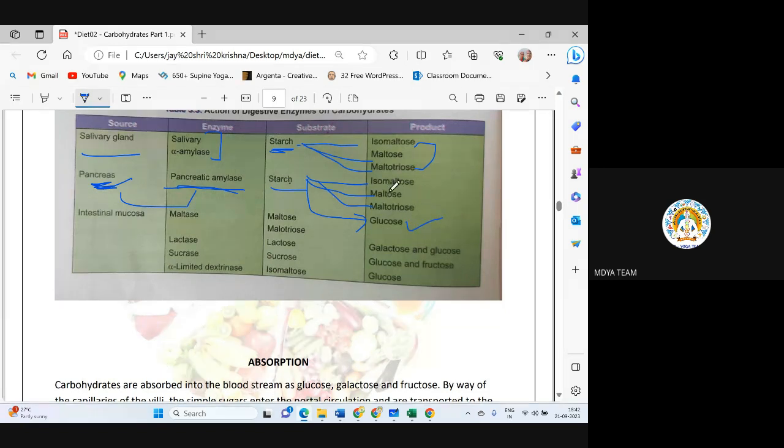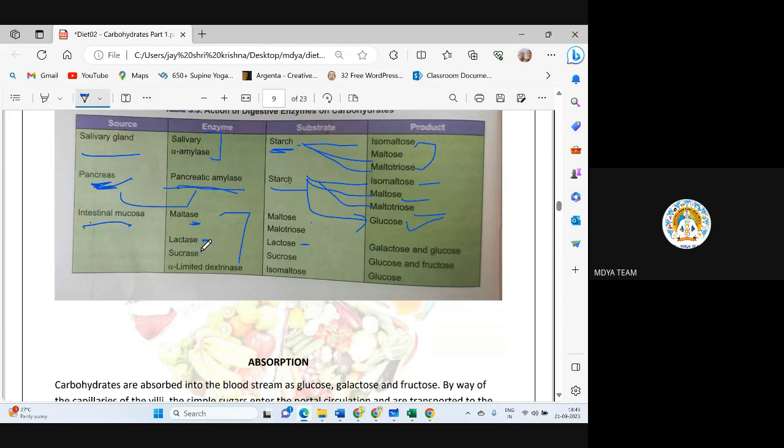So in that duration, some of the starch got converted into glucose also. Now, what will happen to these isomaltose, maltose, maltotriose? In the intestinal mucosa, there are glands that release these enzymes. First enzyme is maltase. This maltase acts on maltose, maltotriose, and forms glucose. Second one is lactase. This lactase works on lactose and forms galactose and glucose.